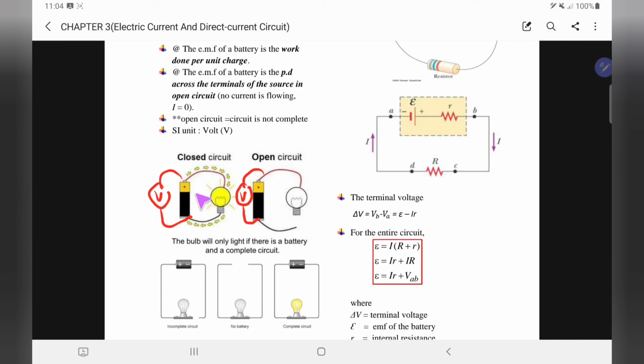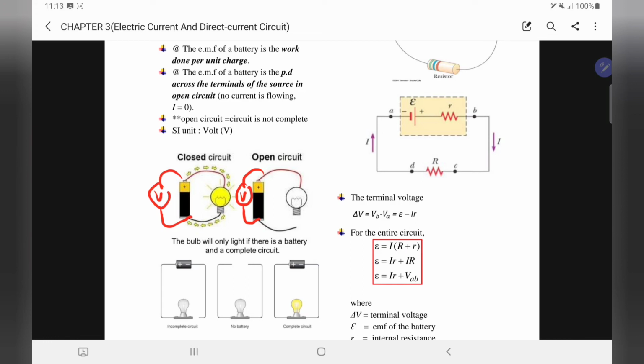The reading on the voltmeter now representing the voltage across the bulb here, and that one is V terminal, because some of the potential already dropped by the internal resistance here. Okay guys, so you need to know how to differentiate between the EMF and the terminal voltage. I think enough until this part.